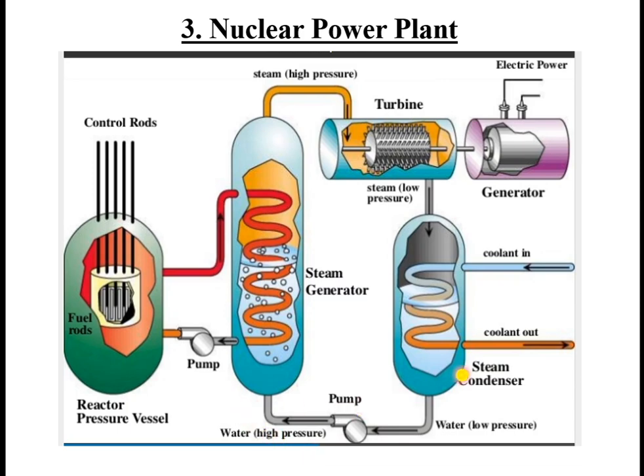And these are the pipes through which high pressure steam is supplied to the turbines, passing over the various turbine blades and doing its work. We have already seen that in the thermal power plant.